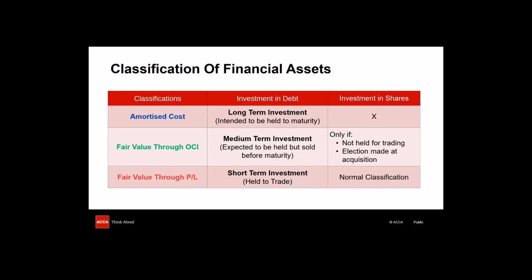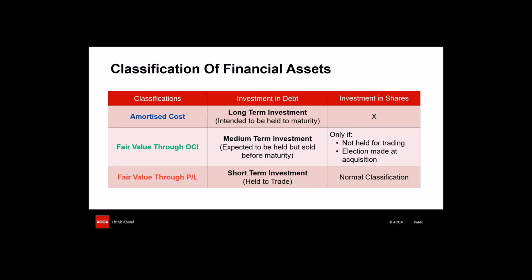In case of investment in debt, the classification can be done either at amortized cost, which is for long-term investments held till maturity. The second classification is fair value through OCI, which is for medium-term investments expected to be held for some time, but not till maturity, so expected to be sold before maturity.